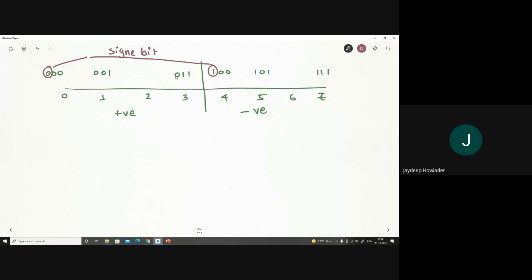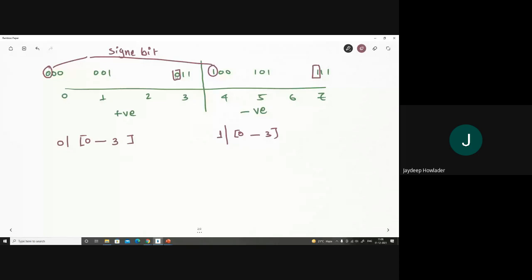Considering 0 as the sign bit, we have the value or amplitude of the number, which ranges from 0 to 3. In the other case, the most significant bit is 1, which is considered the sign bit, and the number again runs from 0 to 3. Understand? The sign bit does not contribute to the amplitude or numerical value.